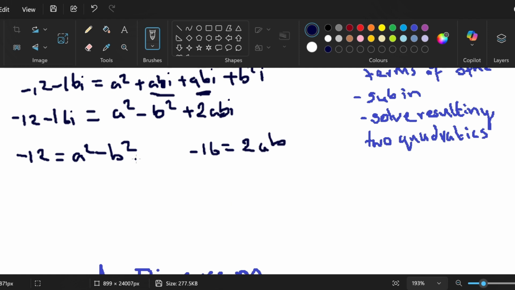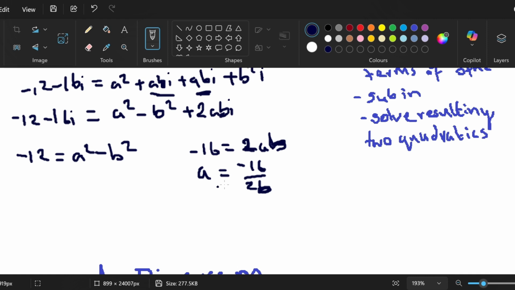I'm going to look at these 2 equations that I have now, and I'm going to see which one has the easier variable to isolate. And in this case, it's this one because it doesn't have any square terms. And I'm going to get that a is equal to minus 16 divided by 2b, because that's how I want to get a on its own, just divide out by this number here and this one here.